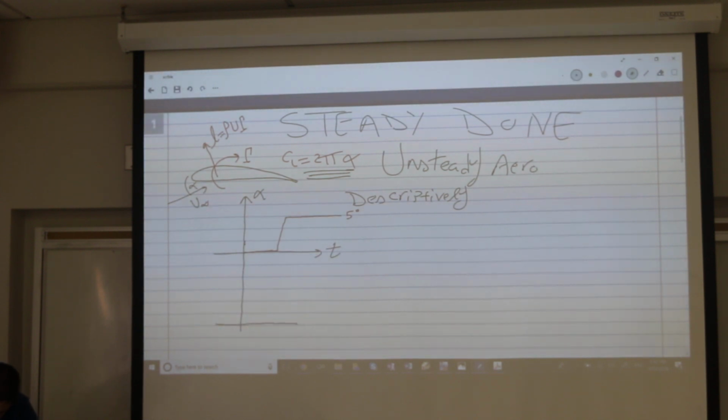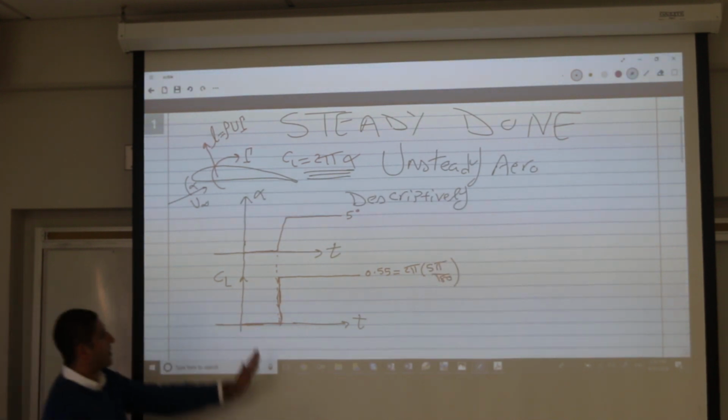If I am to plot a similar curve for the lift coefficient, if I exactly follow the quasi-steady or the steady formula, which is 2 pi alpha, 2 pi times 0 is 0, and 2 pi times 5 degrees is 0.55. Okay?